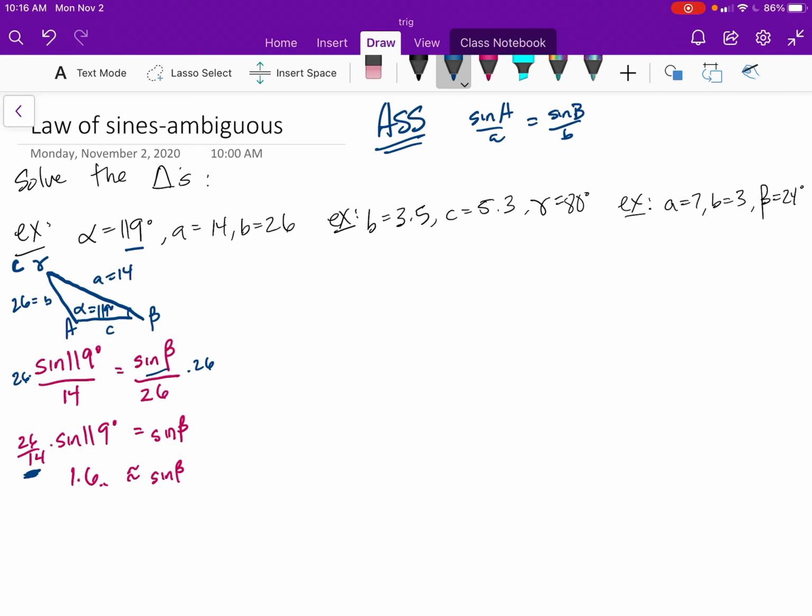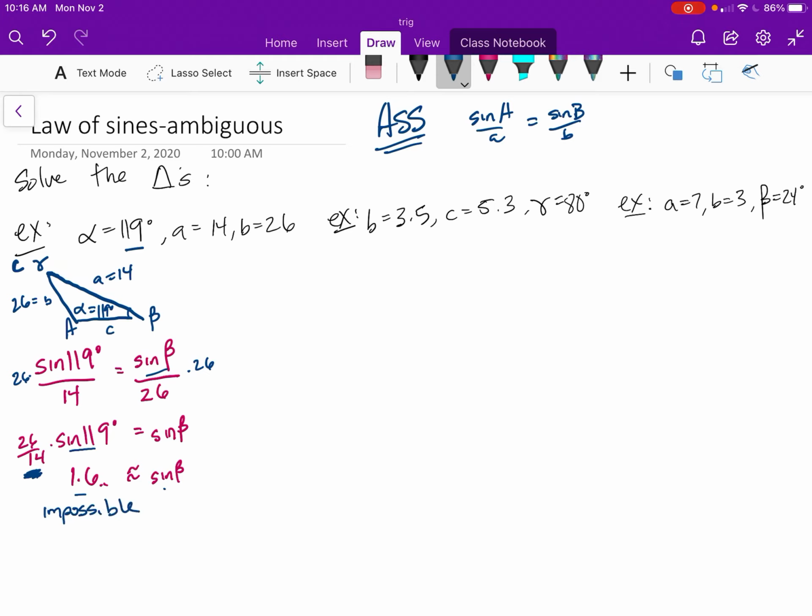So I'm going to get some number less than 1 multiplied by this, and this is in fact almost 2. I would need a calculator just to make sure, but my guess is I'm going to be outside the range. So remember, sine cannot be 1.6. This is impossible.